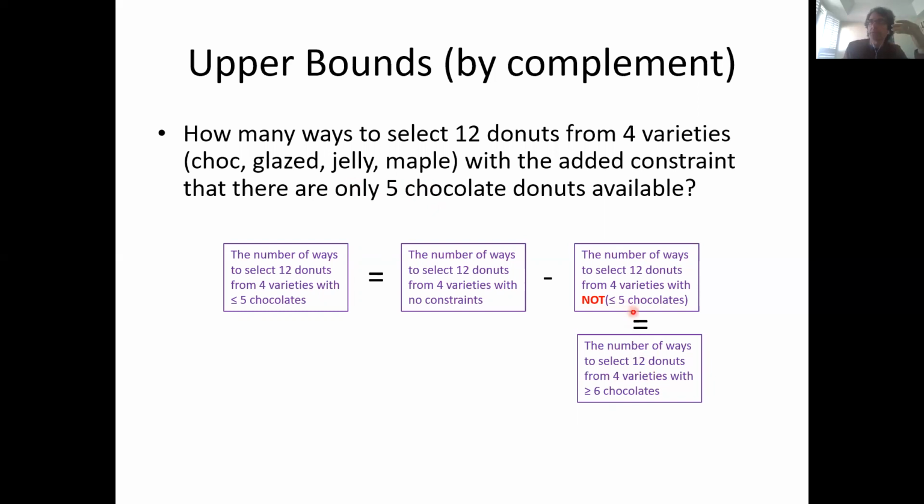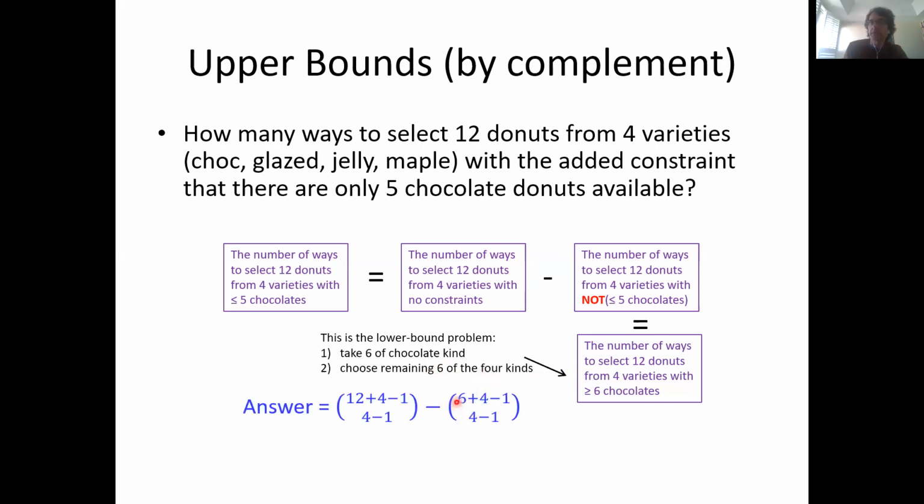These violation selections are selections that satisfy this lower bound. So we know how to count them: 12 donuts, 6 I wasted to satisfy this constraint, 6 remaining into 4 varieties. So it's this formula, 6 plus 4 minus 1, choose 4 minus 1. And in here, we have the original formula applying to 12 donuts.